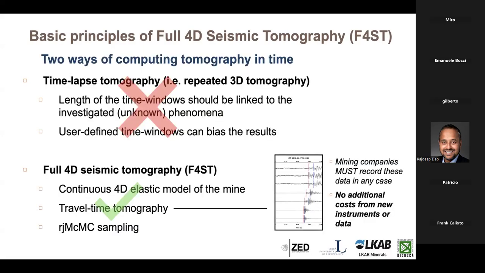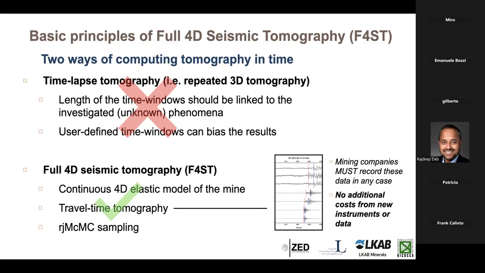There are two ways of computing tomography in time. The most common way is time-lapse tomography, which means repeating 3D tomography for different time windows, maybe consecutive time windows. But this has some problems because the length of the time windows should be linked to the investigated phenomena.